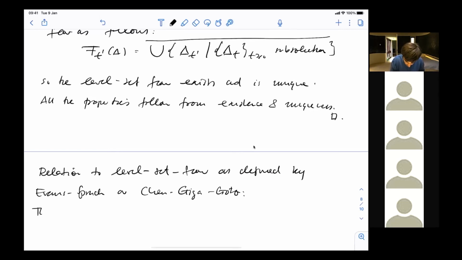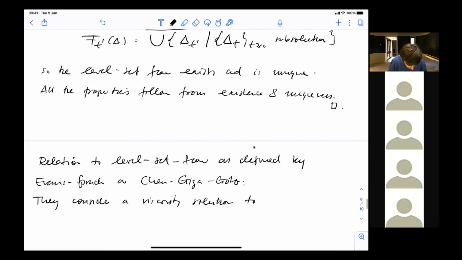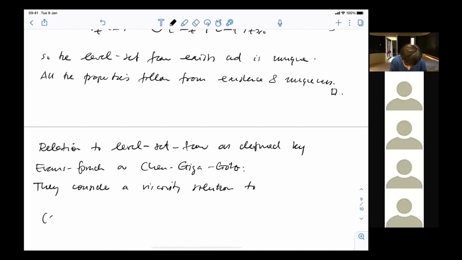They consider a viscosity solution, so you again do tangency with test functions, to the following equation. Let's call this star.